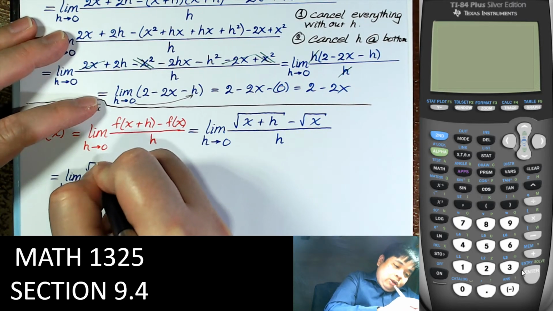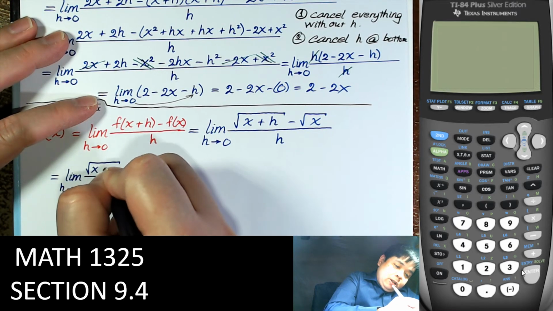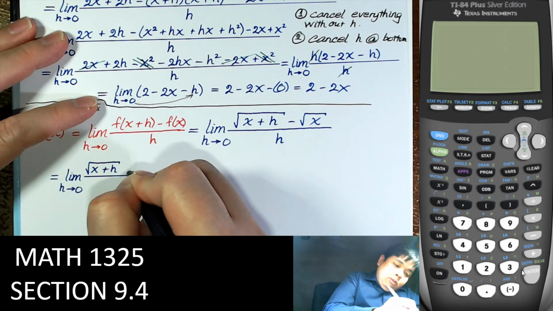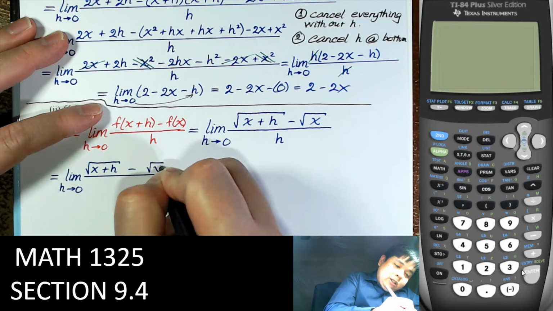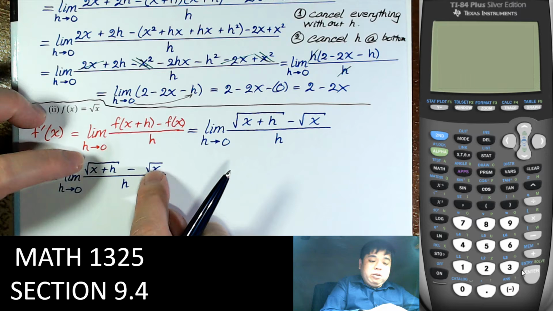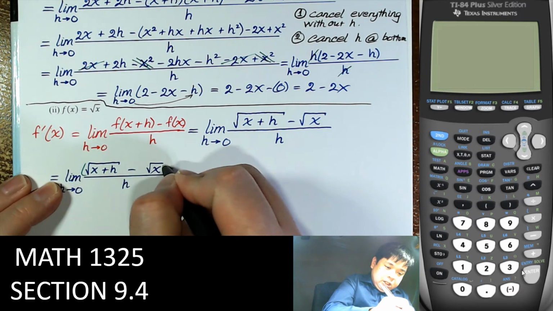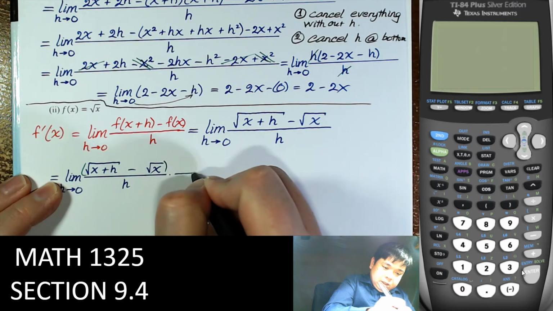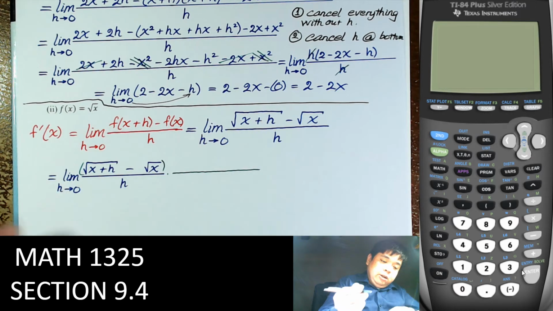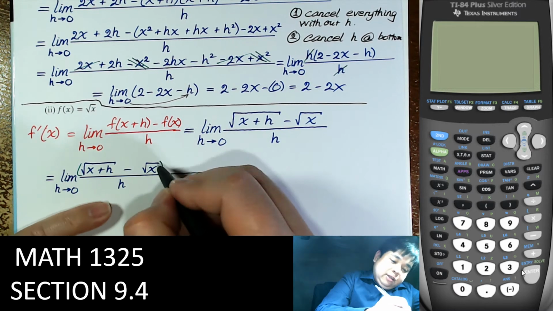So we have the square root of x plus h minus the square root of x over h. We try to get rid of this square root, so we multiply by the conjugate of it.